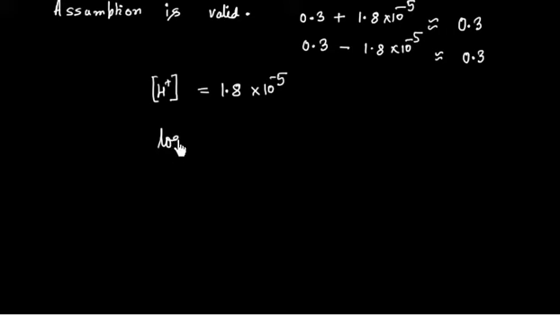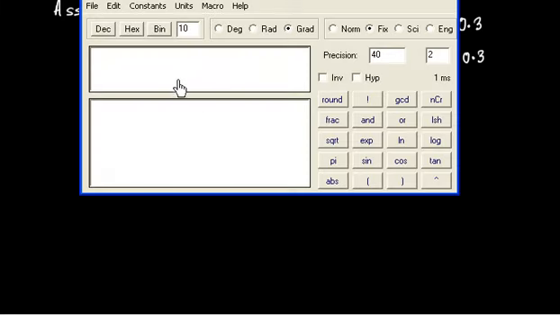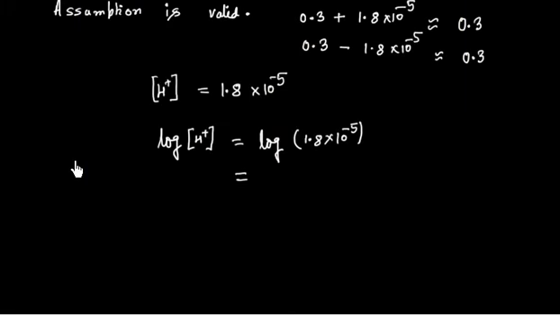So we can calculate the log of H plus, that is log of 1.8 times 10 to the power minus 5, which is minus 4.74.